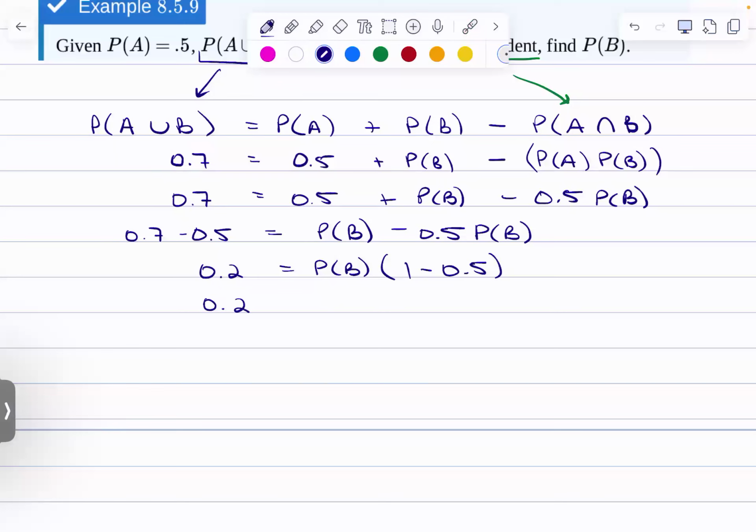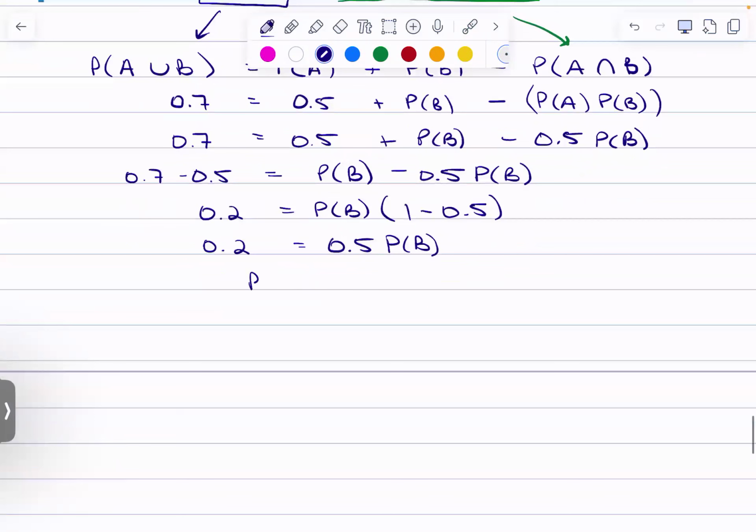Which leaves us with 0.2 equals 0.5 times the probability of B. When it's multiplying, I like to have it out front, but you could leave it behind. So to solve for the probability of B, I get 0.2 over 0.5. It's 0.4.